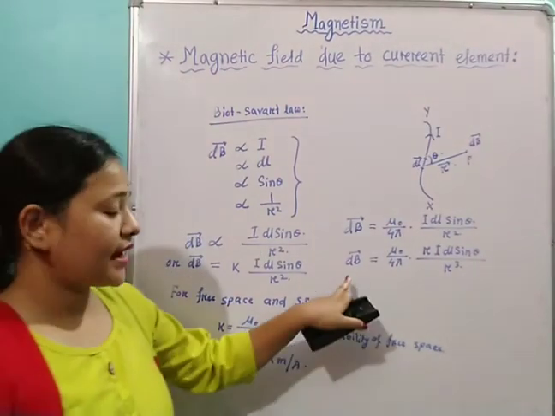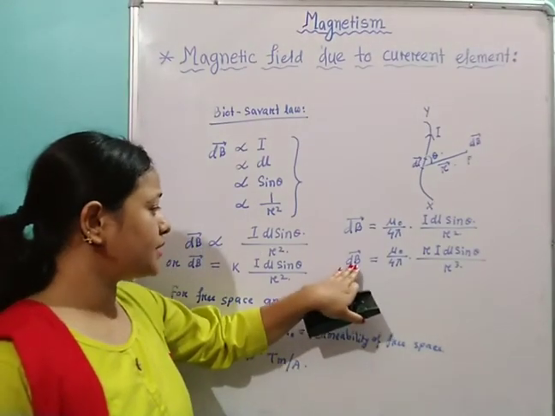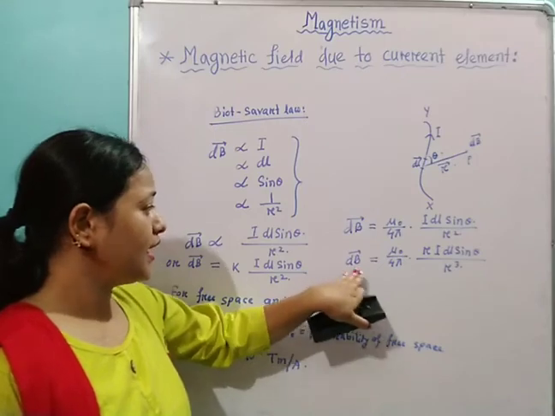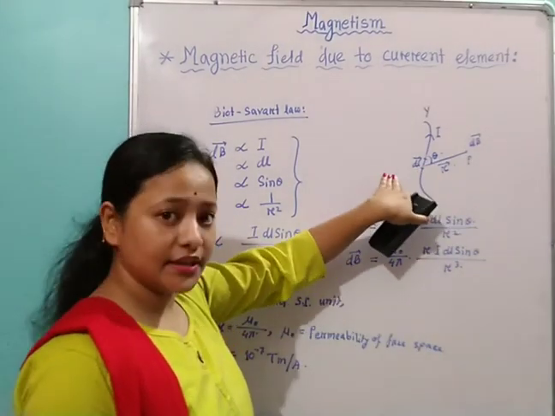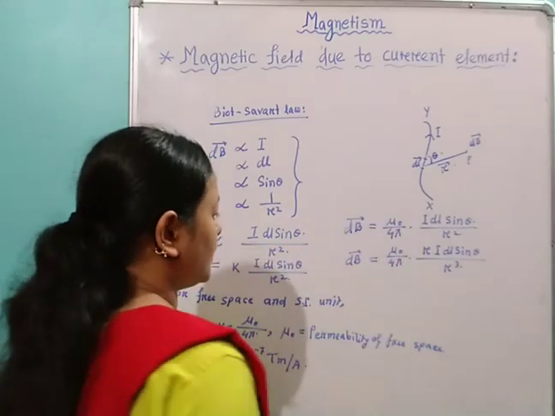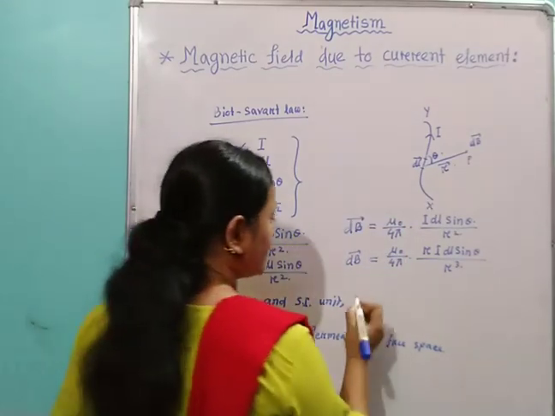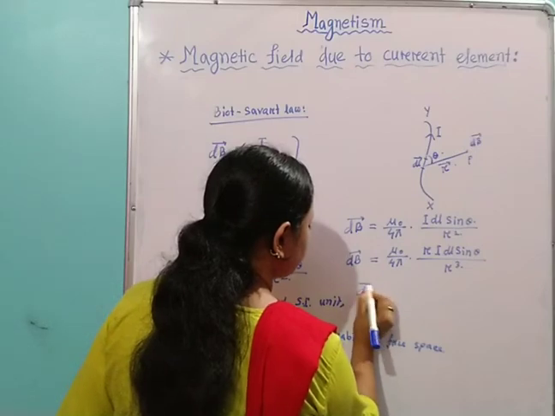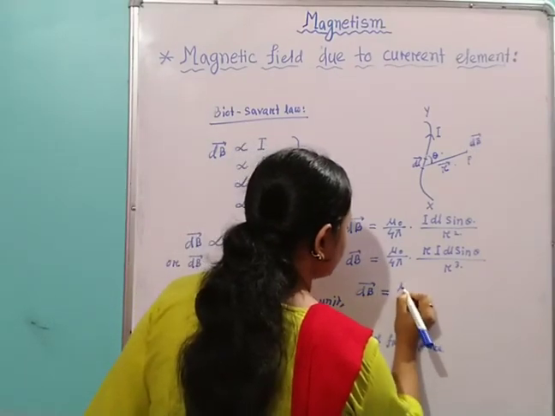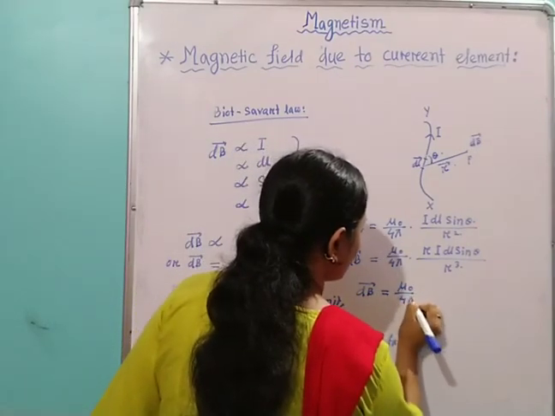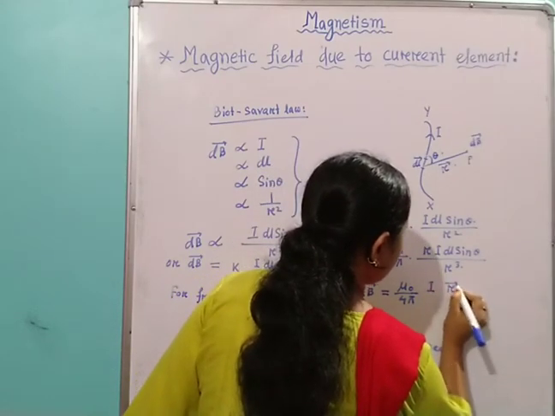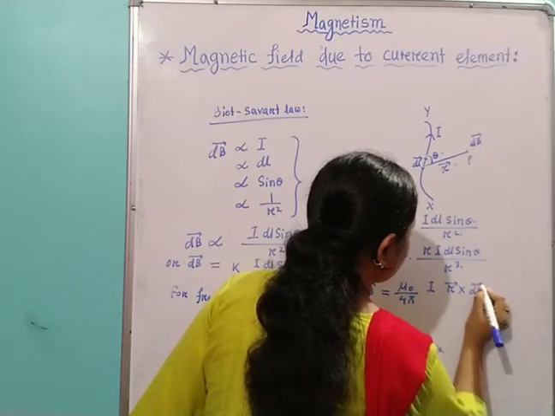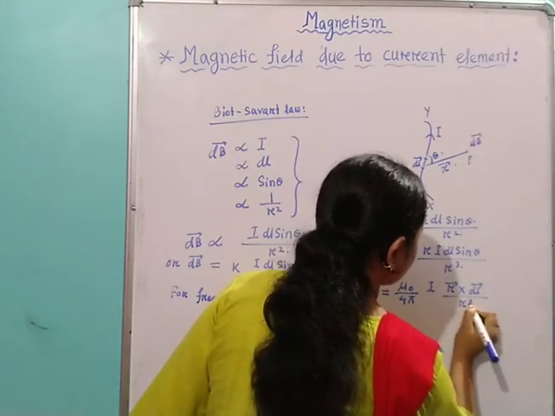As the direction of the magnetic field dB is perpendicular to the plane of r and dl, the vector form of the Biot-Savart law is dB is equal to mu naught by 4 pi I r cross dl by r cube.